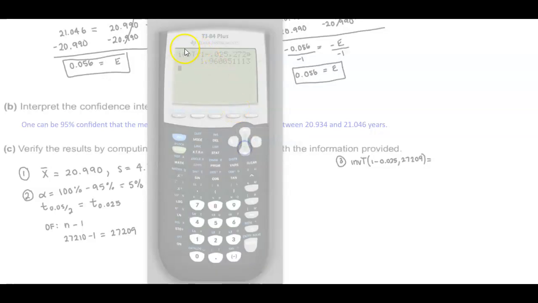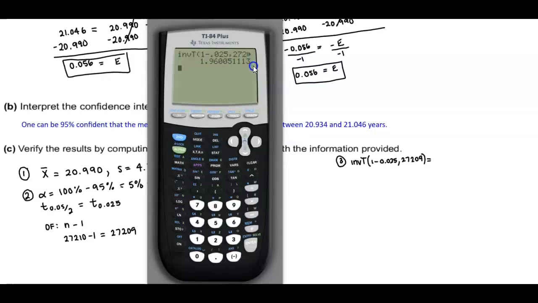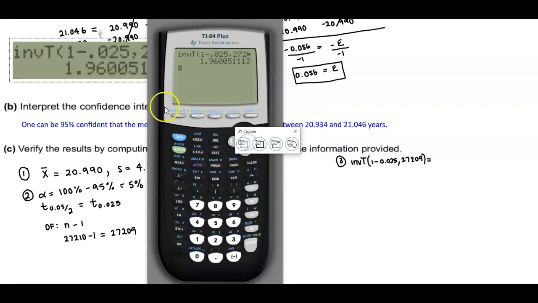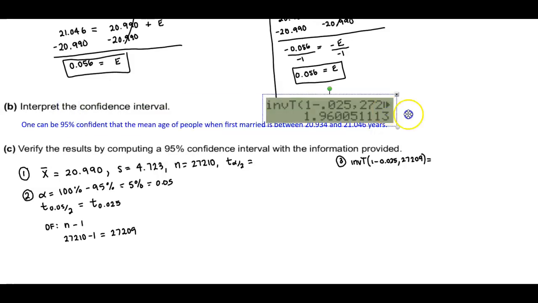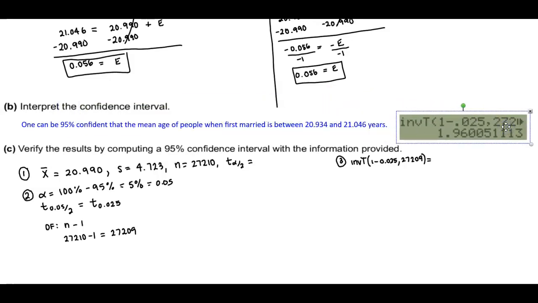Okay, let's copy that. If we round that to 3 decimal places, we get 1.960.